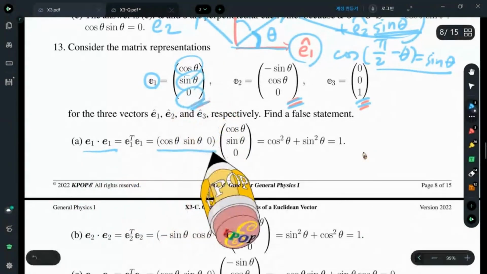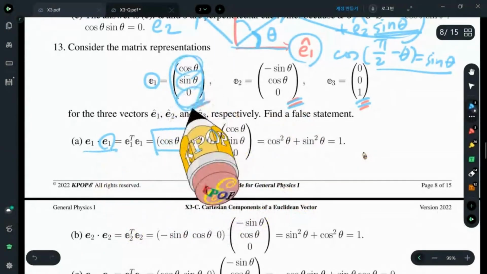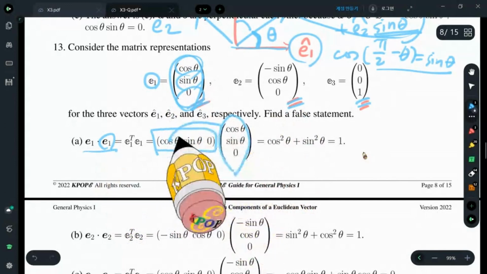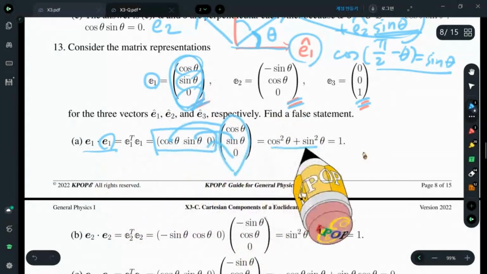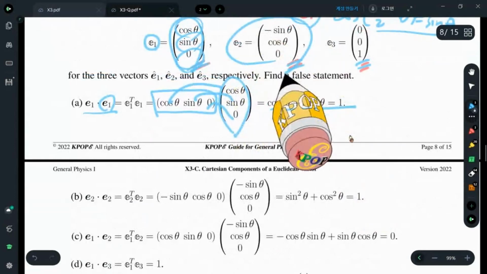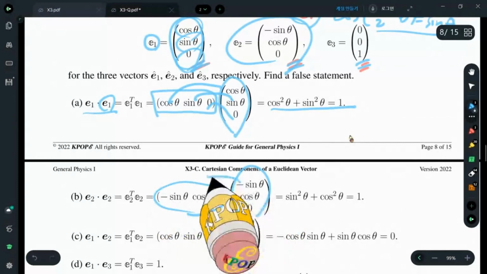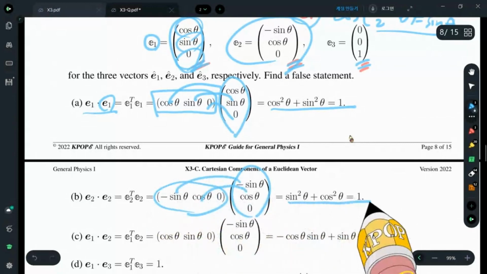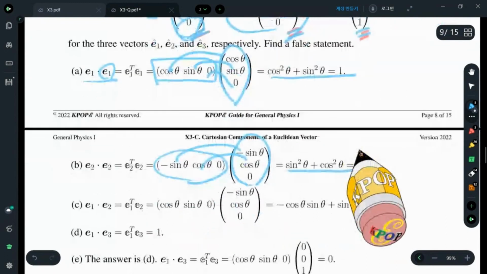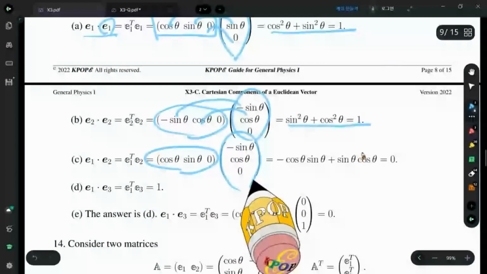Just copy this one as a row, copy this one as a column and multiply. The result is 1 and 2.